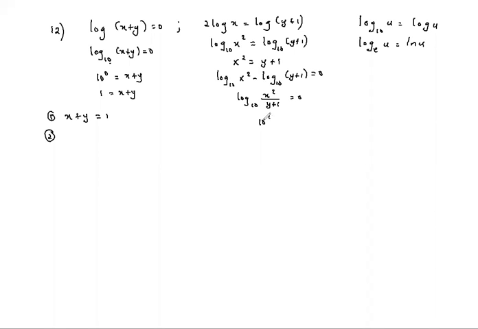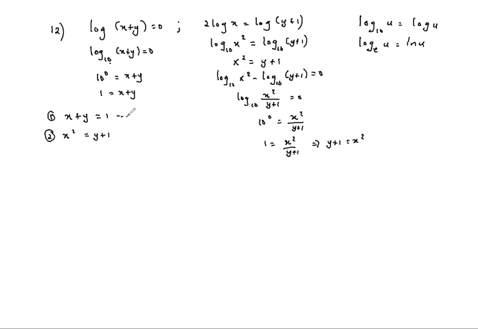Then you say 10 to the power 0 is equal to x squared over y plus 1. But 10 to the power 0 is 1. So you have 1 is x squared over y plus 1. You cross multiply, it will be y plus 1 is equal to x squared. Same result. So this is equation 2: x squared is equal to y plus 1.